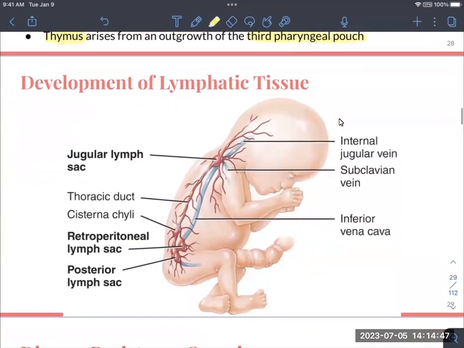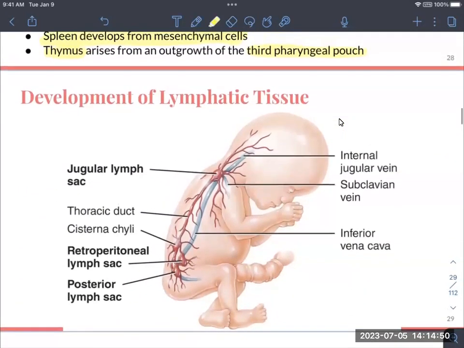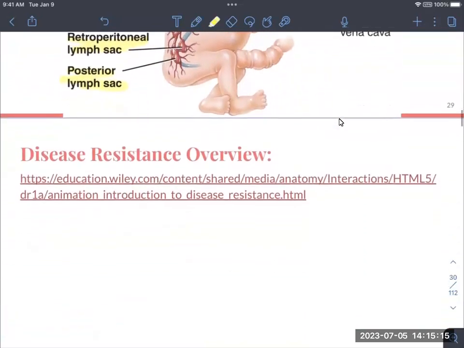So if we look, here we show it in red. We start with this jugular lymph sac, this cisterna chyli, the retroperitoneal lymphatic sac, and then the posterior lymphatic sac. Then all of the red that is coming out from there are those different lymphatic vessels that are starting to grow out to go everywhere in the body.